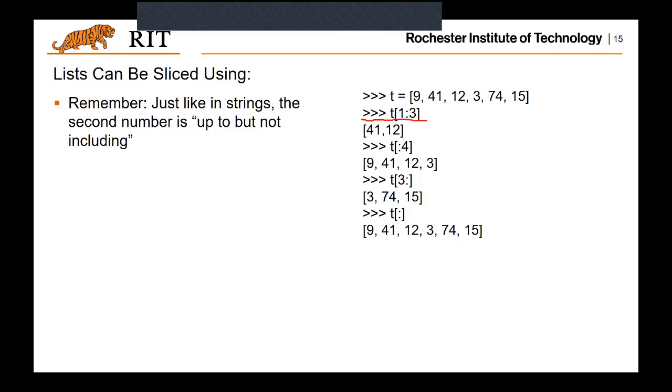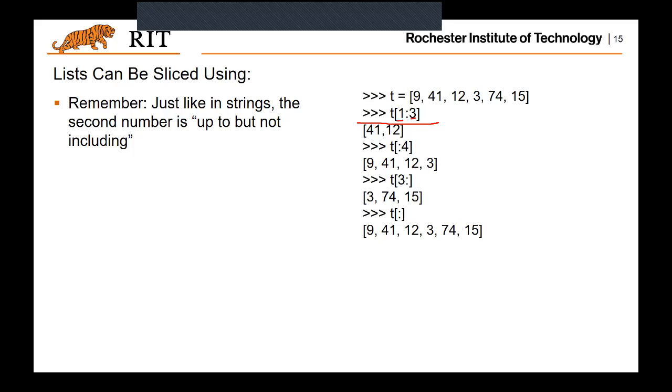For example, you have a list T with these 6 numbers, and you want to take a portion of the elements inside this list, and you put 1 as the first parameter and 3 as the second parameter.